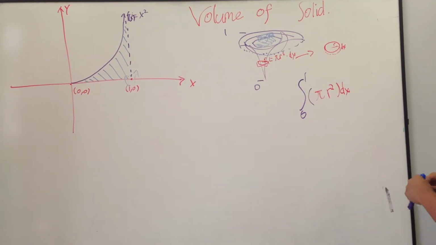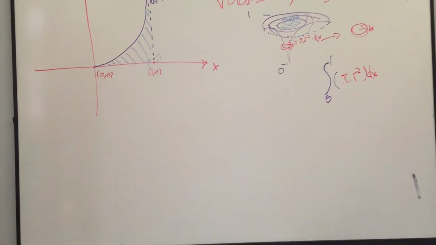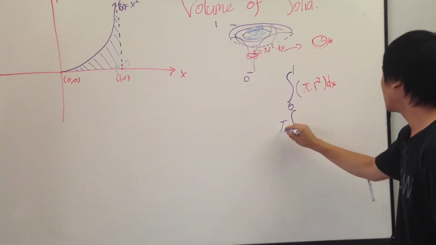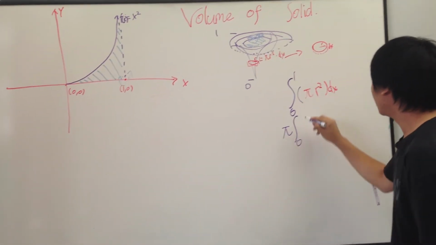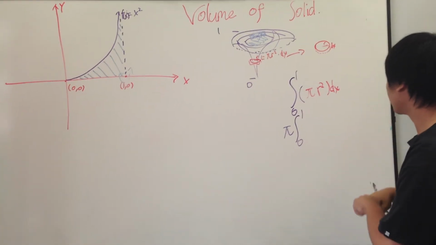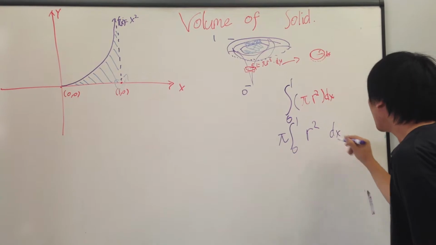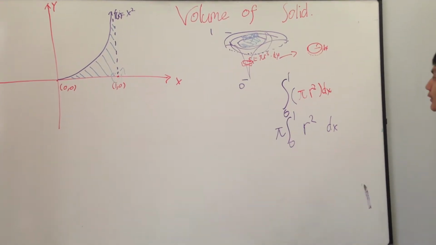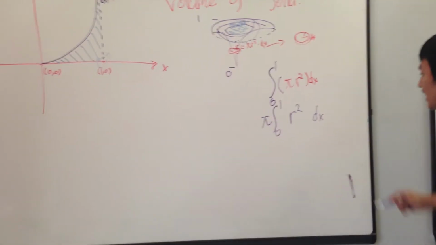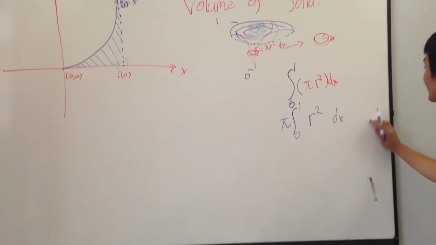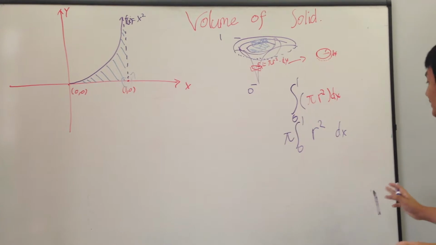And how do we do this? First we separate the constant. Pi is a constant, from 0 to 1. And we have r squared dx. And according to the fundamental theorem of calculus, taking the integral of something that relates to dx is just what?